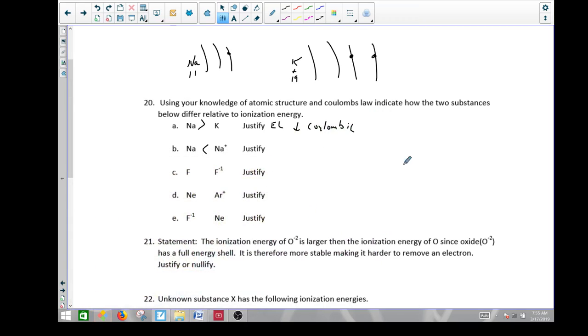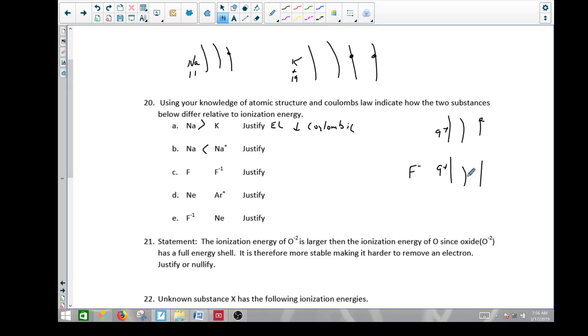So let's just draw this out. 9 protons, 9 protons, 1, 2, 3, 1, 2, 3. So in this case, they have the same number of protons, but because this guy, fluoride, is negative, again, go down the line.